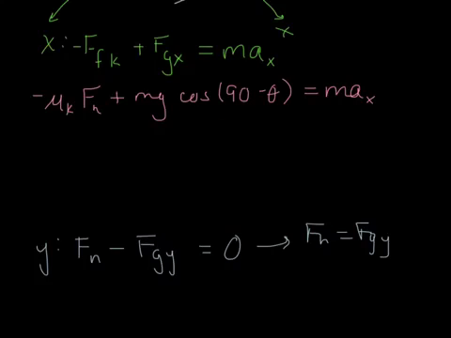Fn equals... Yeah, but don't forget your mg. Remember, this is like your weight times the x component. So we want the weight again, mg, but we want the y component, which is sine. Okay, that's the Fn value for that problem.